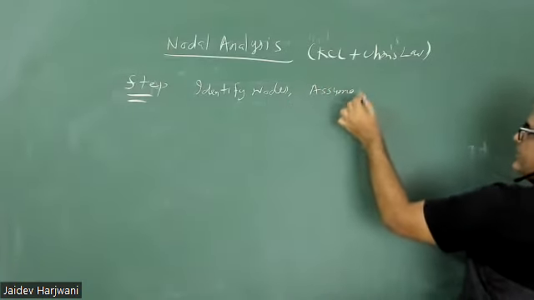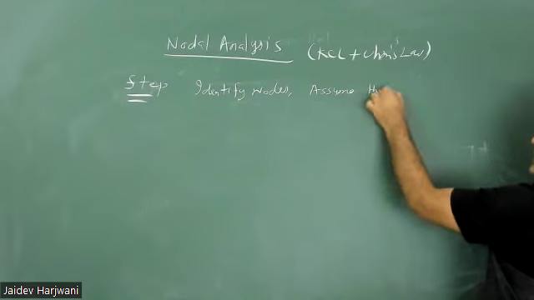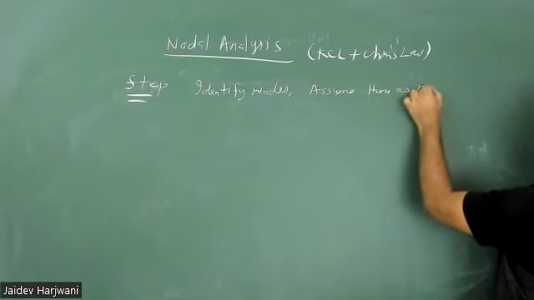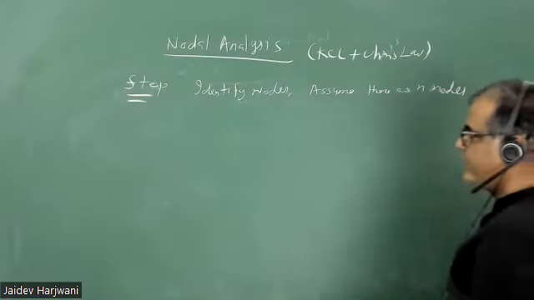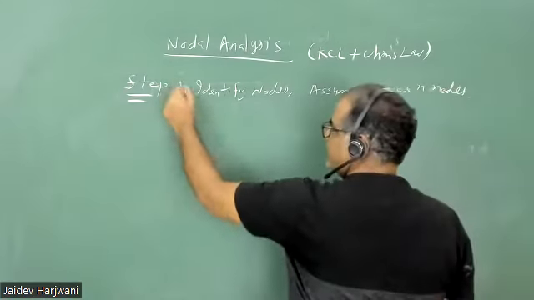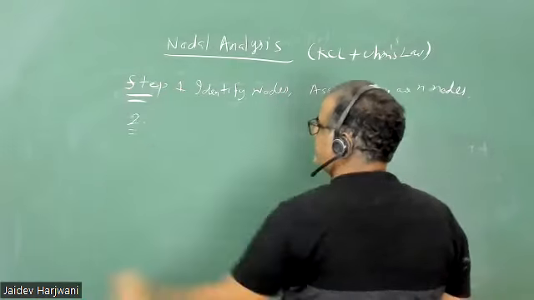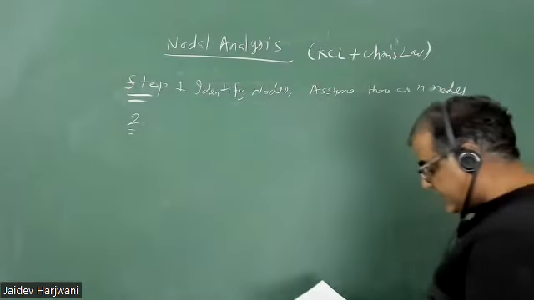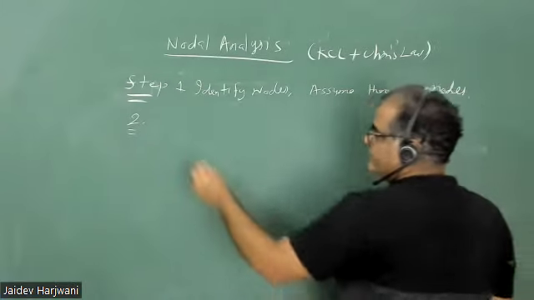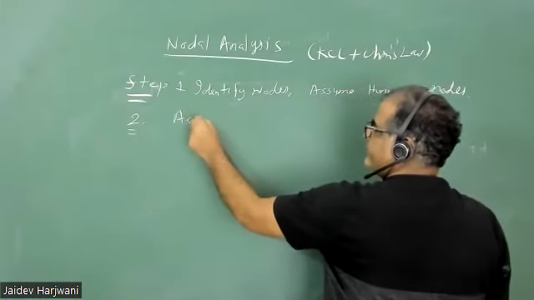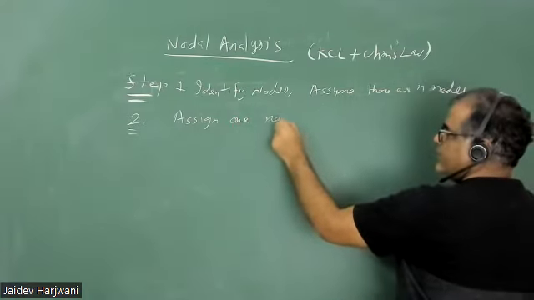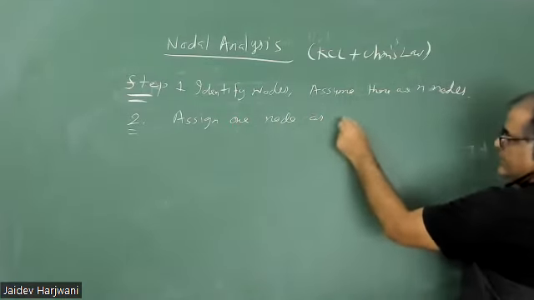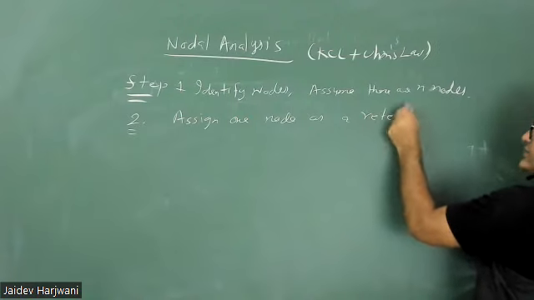Assume there are n nodes in the circuit. First, you have to find how many nodes are in the circuit. Step 2: assign one node as a reference node.